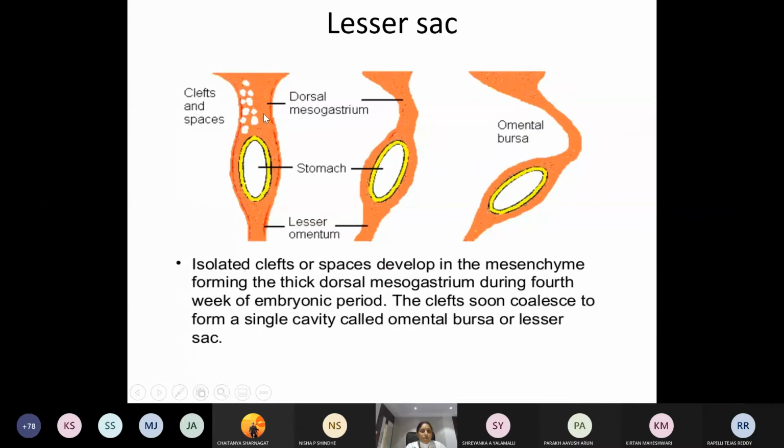It will get absorbed, and you see that there will be formation of a space behind the stomach, and that space is called the lesser sac. That is also named the omental bursa. Is it clear? So the dorsal mesogastrium will get absorbed by small spaces within it, and they coalesce and get absorbed. That is how you see the formation of the omental bursa behind the stomach.